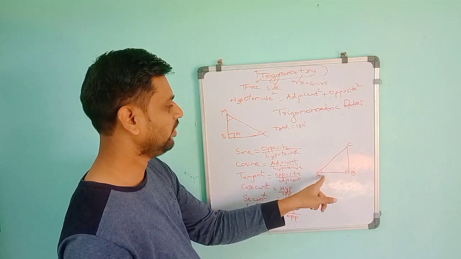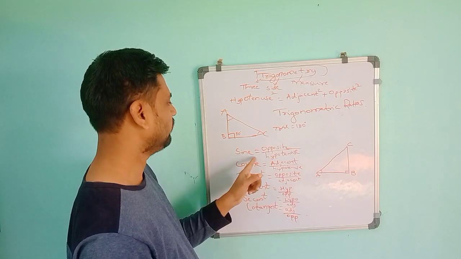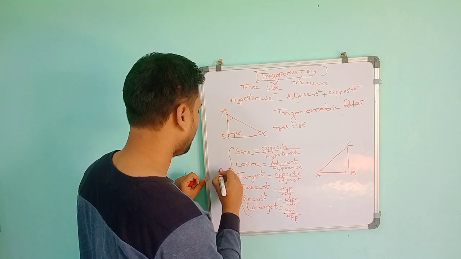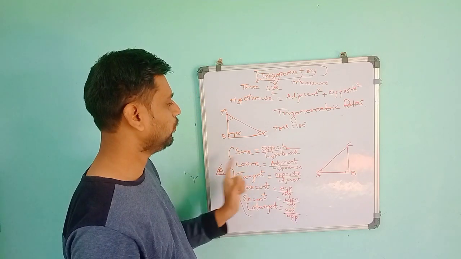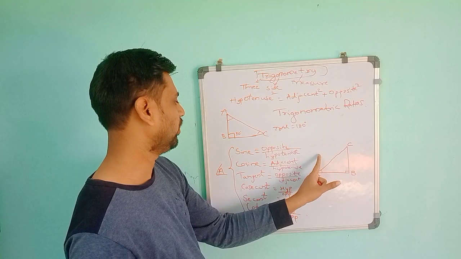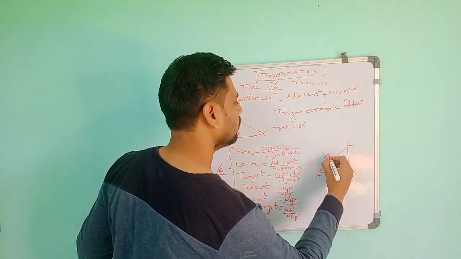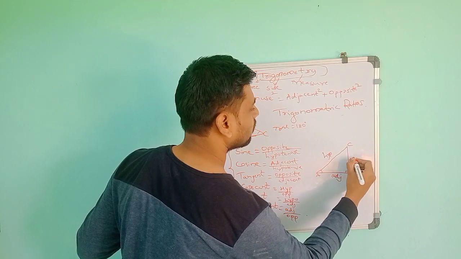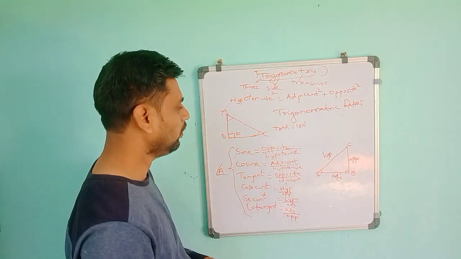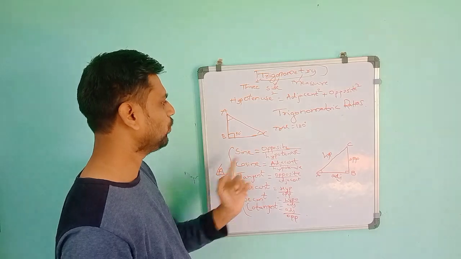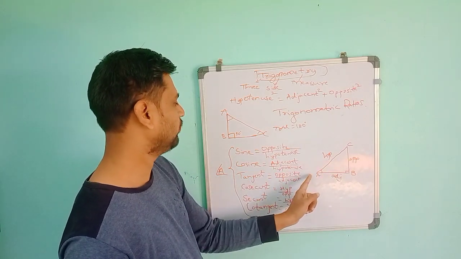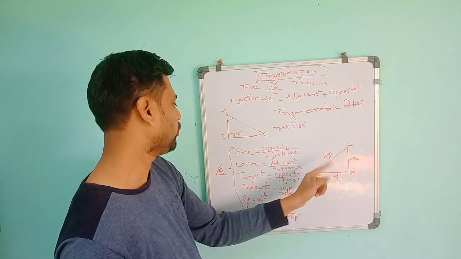Taking angle A, sine A is equal to opposite by hypotenuse. This is the hypotenuse, this is adjacent, this is opposite. So sine A is opposite by hypotenuse, and cosine of A is adjacent by hypotenuse.